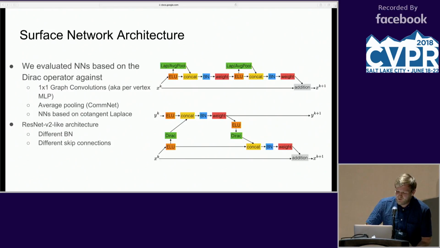For all models we used a similar architecture. We used the layers described on the previous slides combined with the widely used ResNet architecture. For the Laplacian and global average pooling, it's more or less a standard ResNet model, but for the Dirac operator, since it alternates between nodes and faces, we used skip connections only for the signal of the same type.